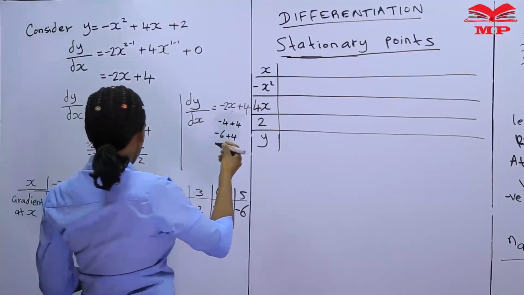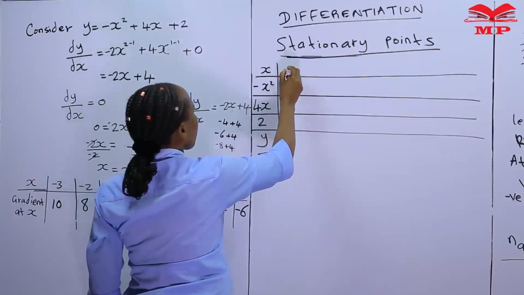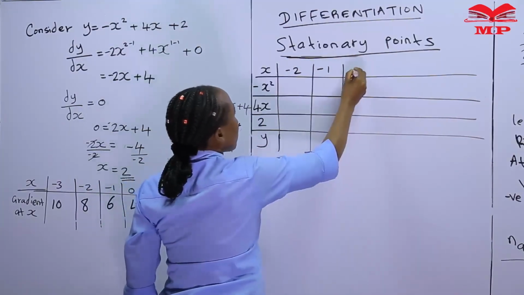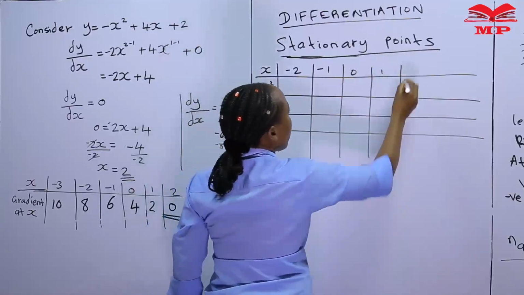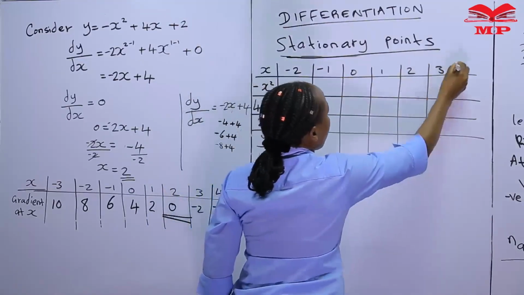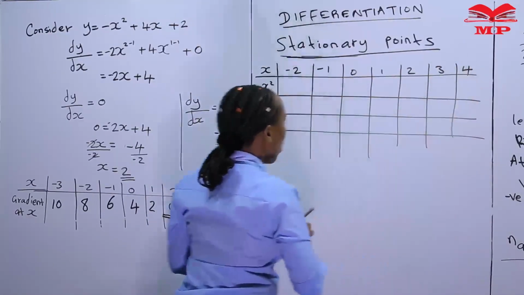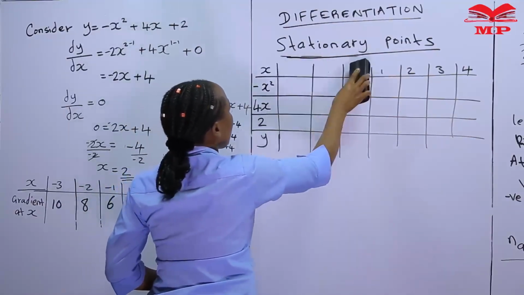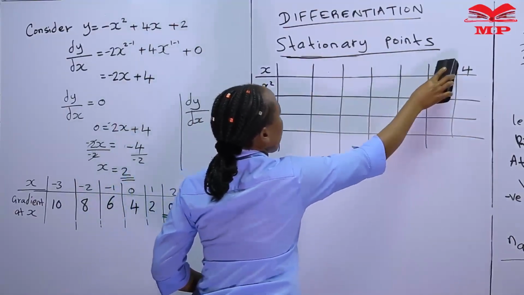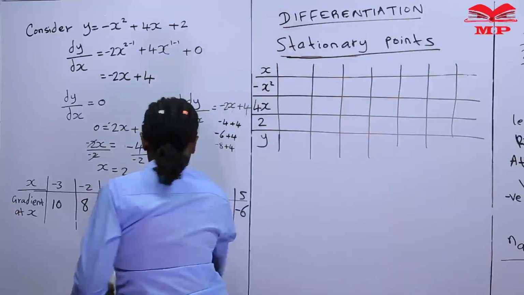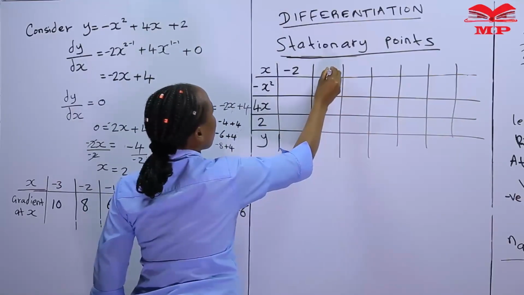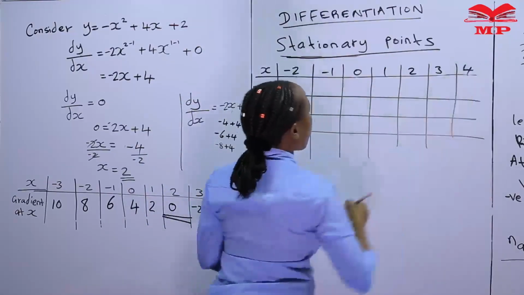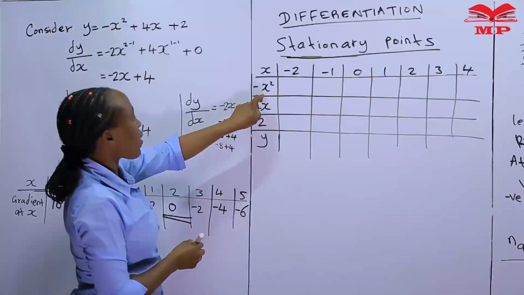So we can start with the values. For example, we can start from negative 2, negative 1, 0, 1, 2, 3, up to 4. So here we have negative x squared.